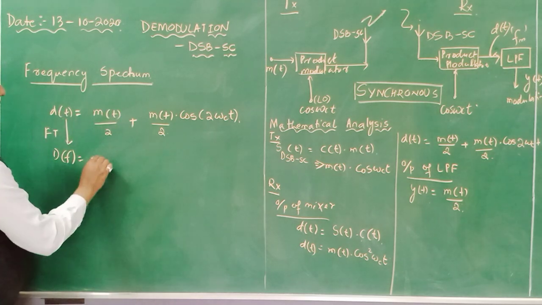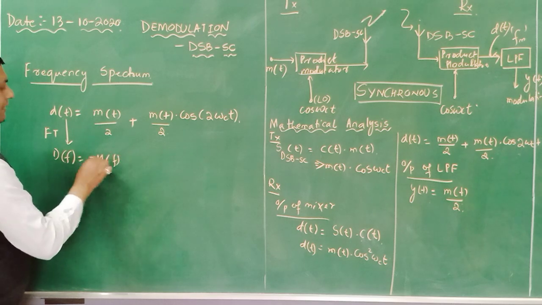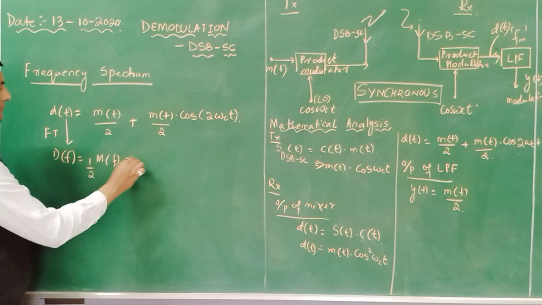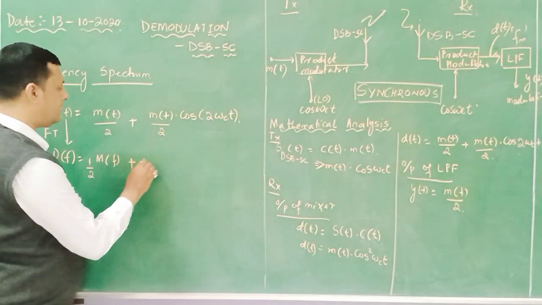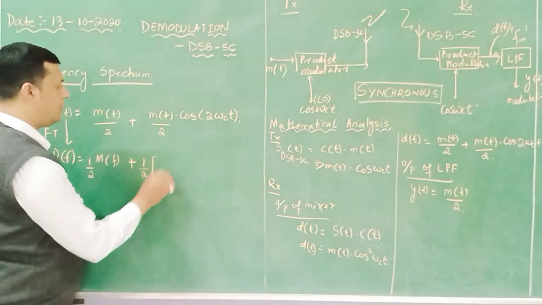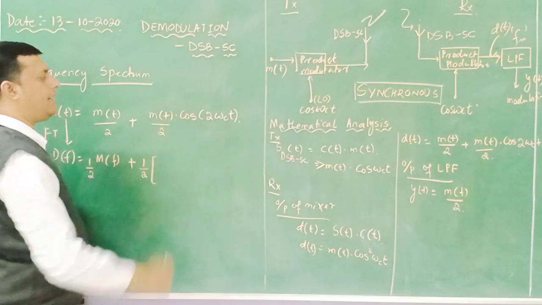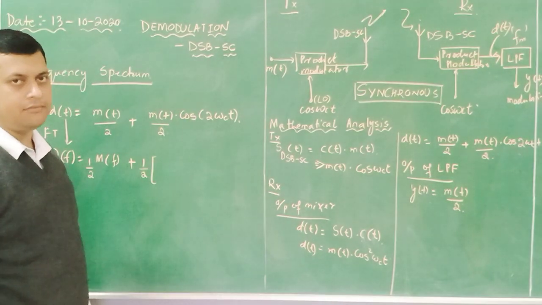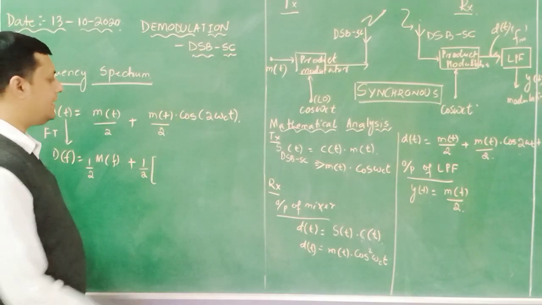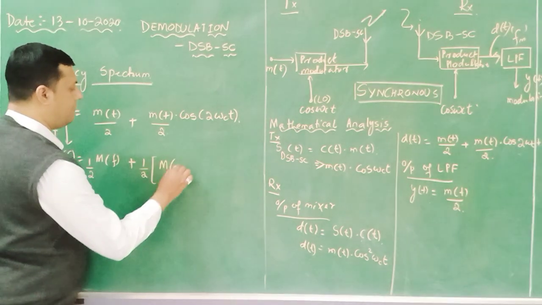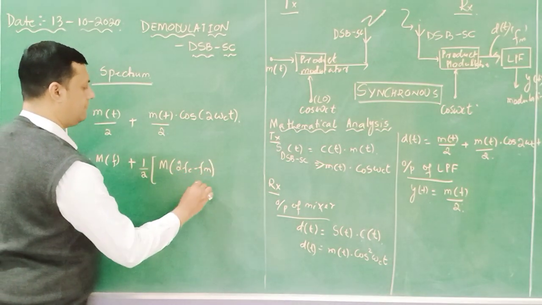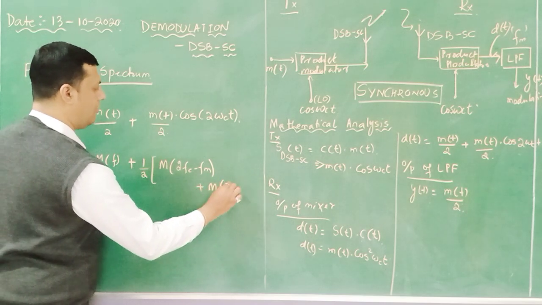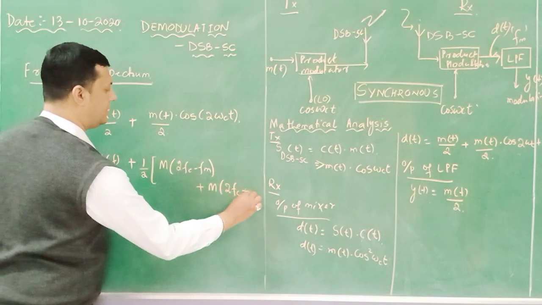M of t will become m of f, amplitude is half. Now here this half whole into m of t and cos omega ct is available. So what will happen? Here we will get m of 2fc minus fm plus m of 2fc plus fm.